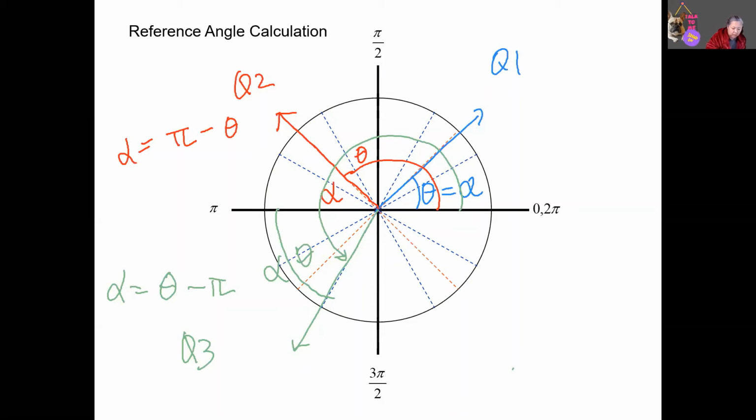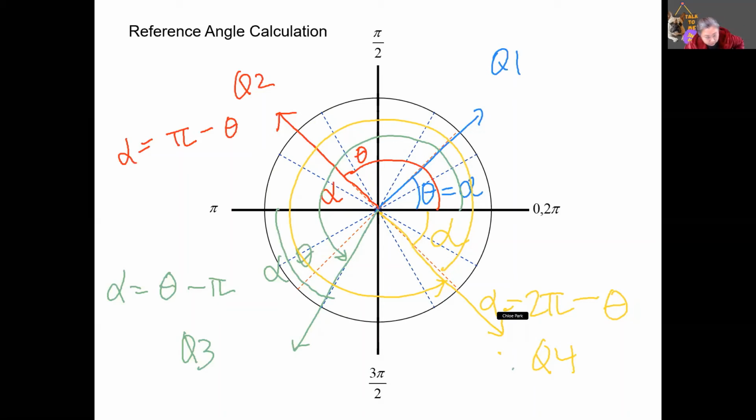If you have any terminal side placed in quadrant 4, all the way here, the reference angle alpha is 2 pi or 360, take away the original angle theta, and that gives you alpha in quadrant 4.